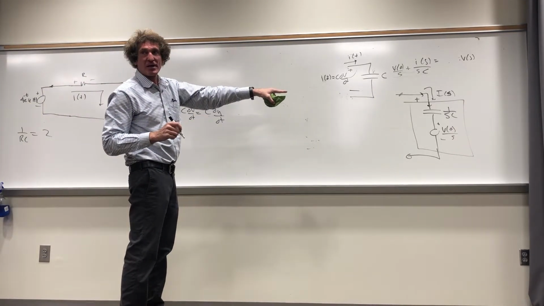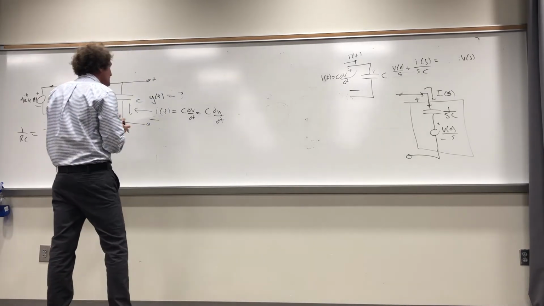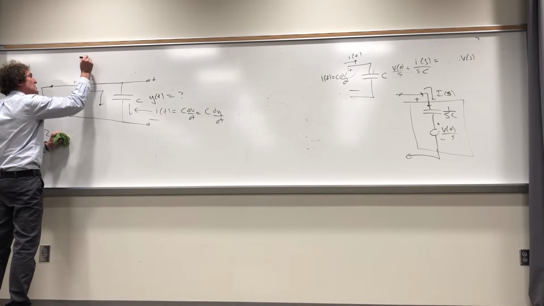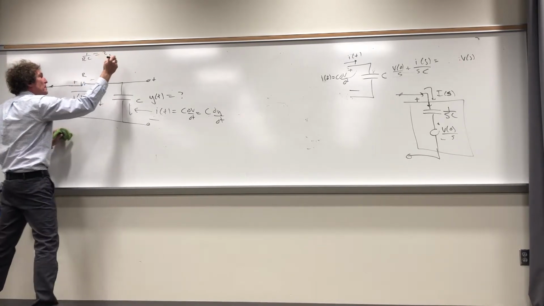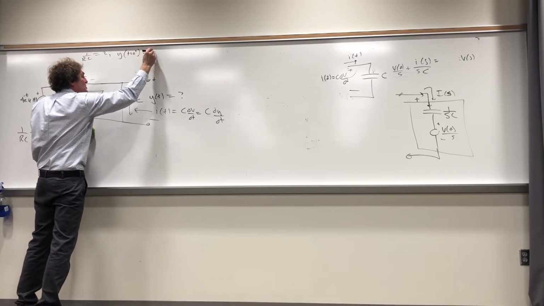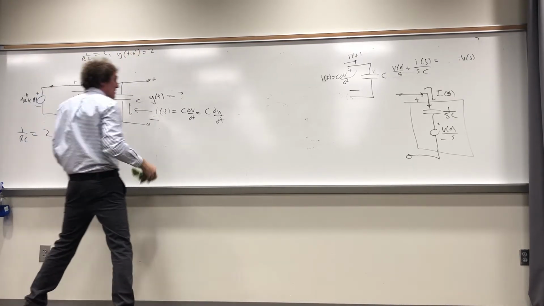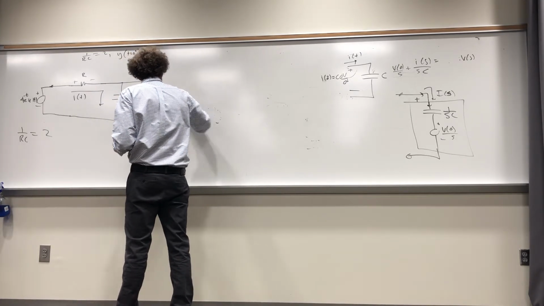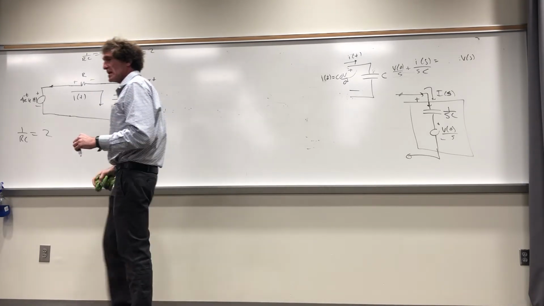So if I take a look at this right here, in this circuit, with the initial condition, I had RC over 1 equal 2, and I had y at t equals 0 plus equal to 2. So now I come here, I'm not trying to go too fast, but now what I can say is this.